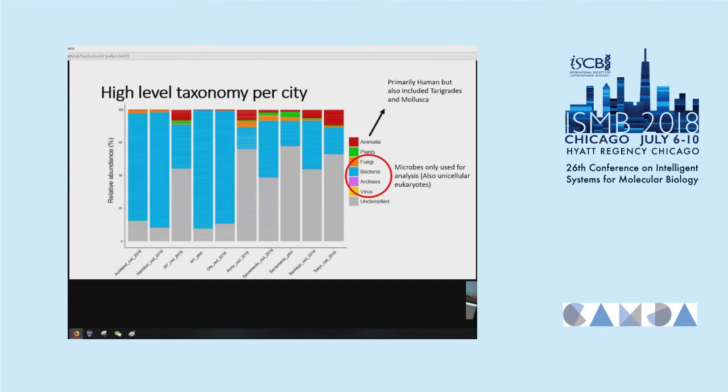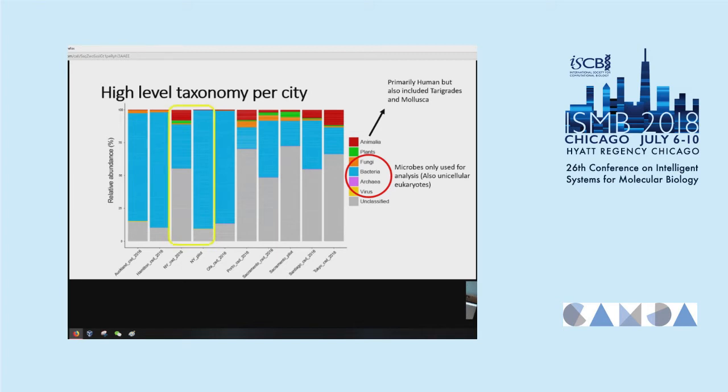Then the classifications that were used for further downstream analysis were basically just microbes: fungi, bacteria, archaea, and viruses. I also included unicellular eukaryotes in this. As I mentioned earlier, there were differences that I detected between the pilot samples and those that were generated later on.